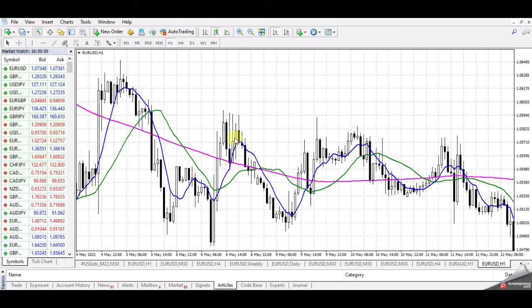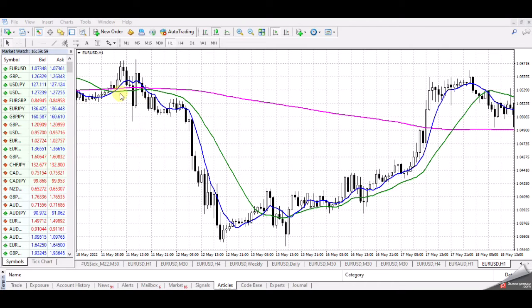So you can consider the 200 moving average like your red line between the bear market and the bull market.